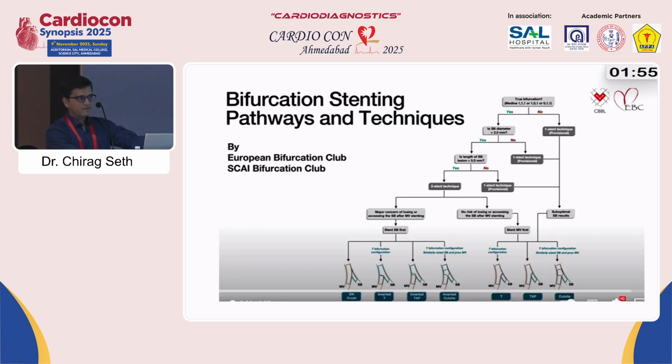So we know this bifurcation stenting pathways and technique, and the second question was which strategy to choose. So when we go for elective double stent strategy to start with in Medina 111, based on vessel size and the extent of disease, double kissing double crush technique is supposed to be the most superior.